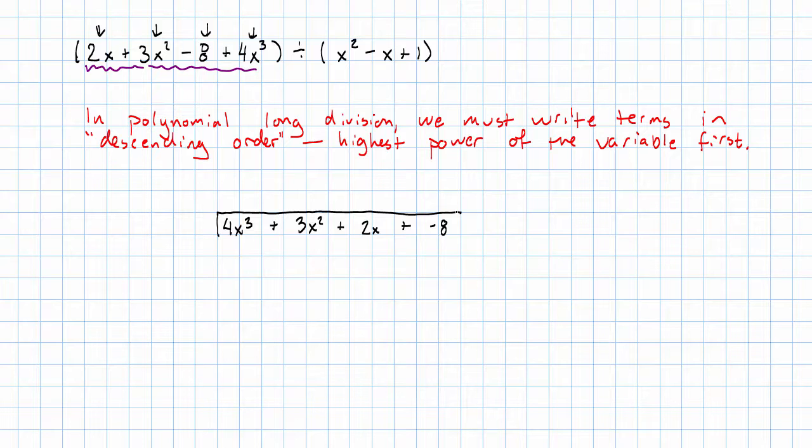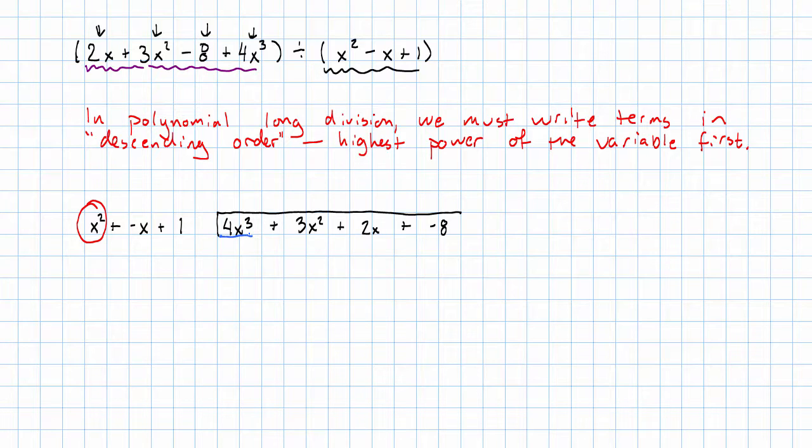Outside our division bracket, we'll have our x squared, and then our negative x, and then our 1. So our divisor happened to already be in descending order. Okay, now this works just like before. We're looking only at the first term.